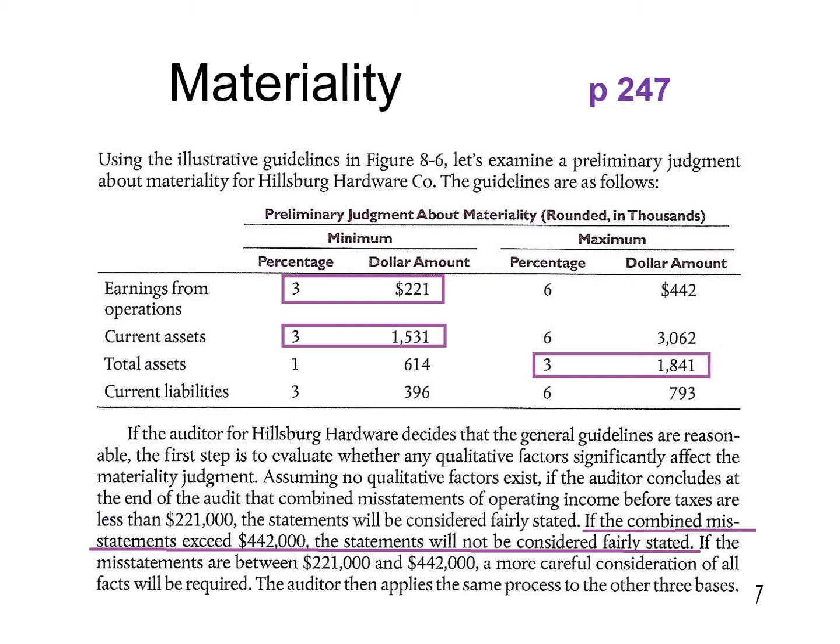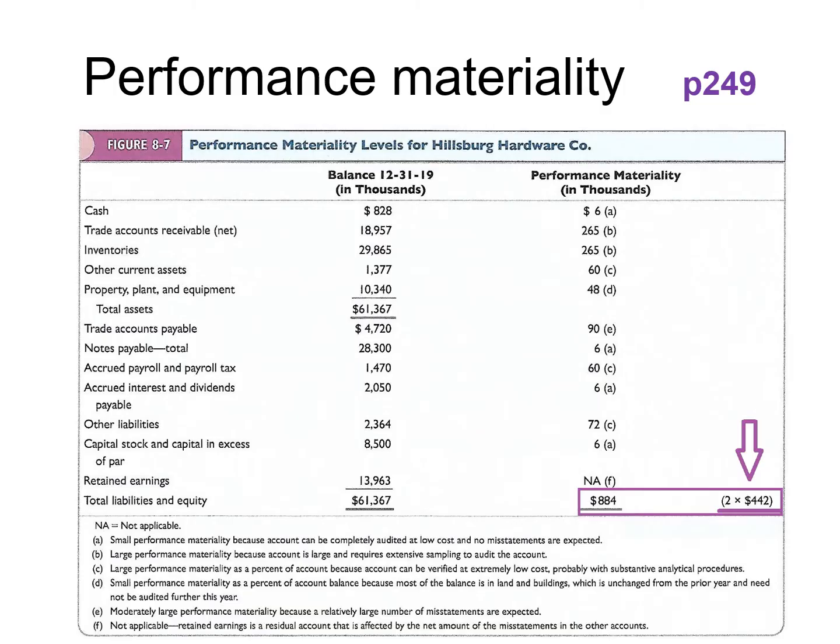And they're going to say, wow, if things are off by 442, we got a problem. So then they're going to allocate that out to each of the individual accounts. So this 442 is effectively their definition of materiality, and they're going to allocate it out for their test purposes.